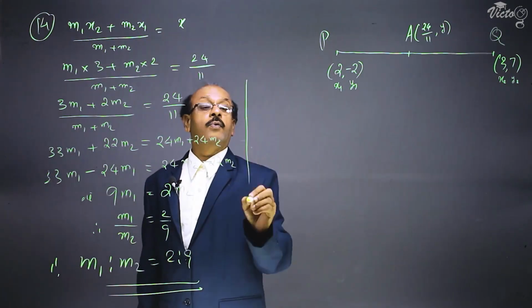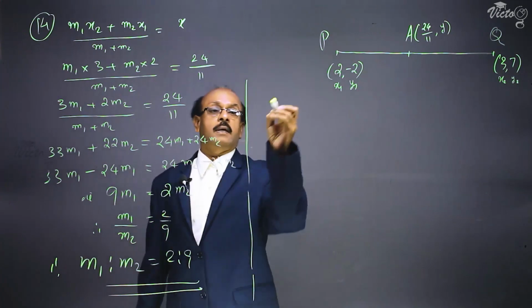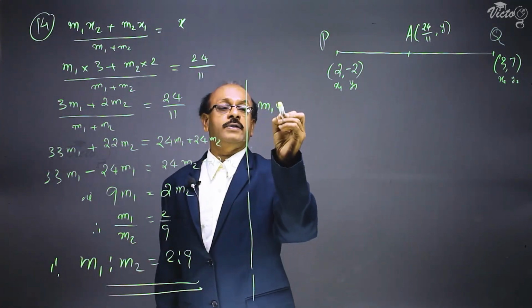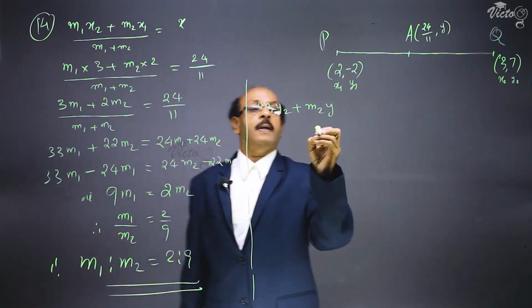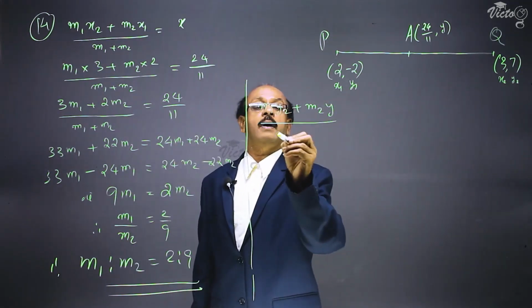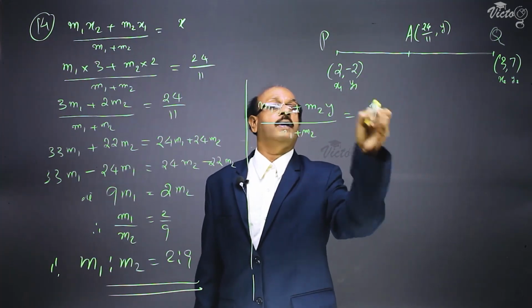Now, the formula for finding the value of y is (m1y2 + m2y1) the whole divided by (m1 + m2). This is equal to y.